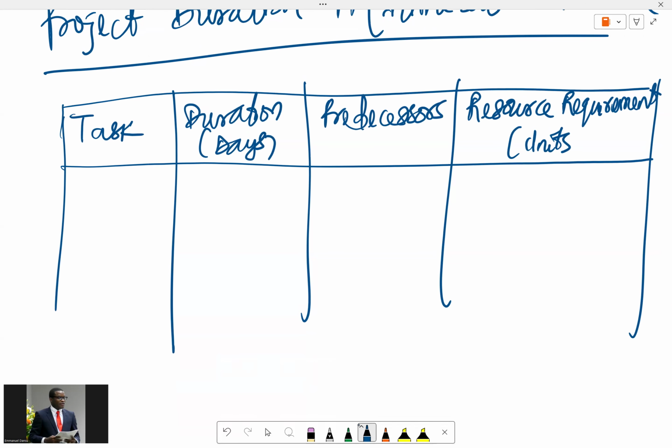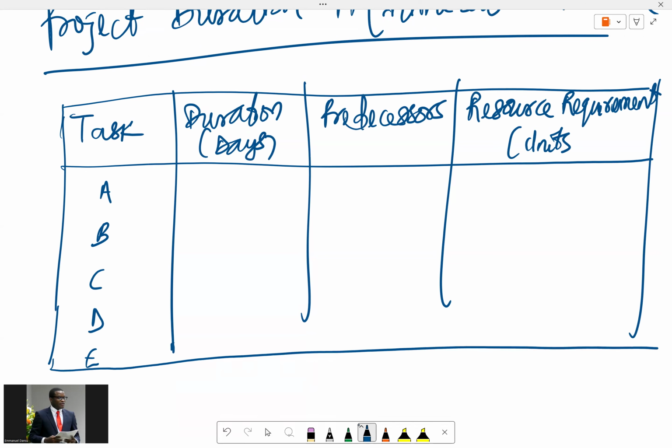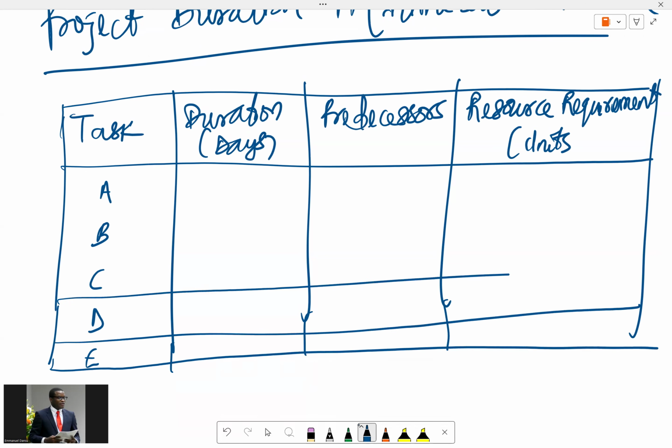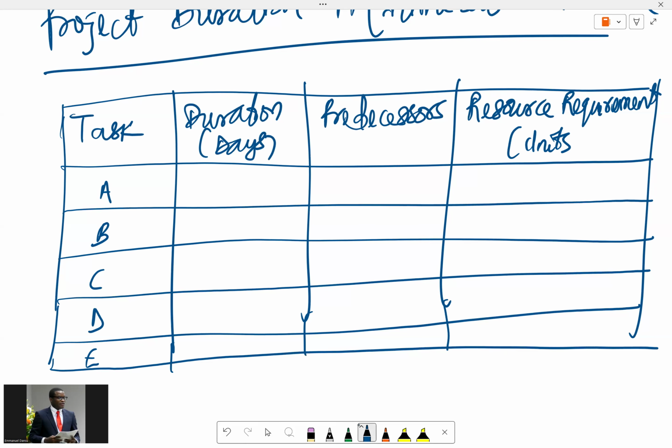So imagine you have tasks A, B, C, D, and E. The duration for A is 4 days, for B it's 3 days, for C it's 5 days, for D it's 6 days, and for E it's 2 days.